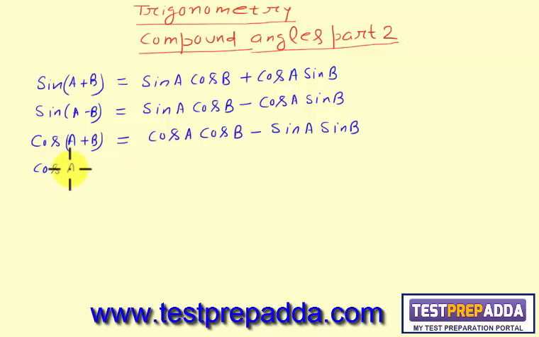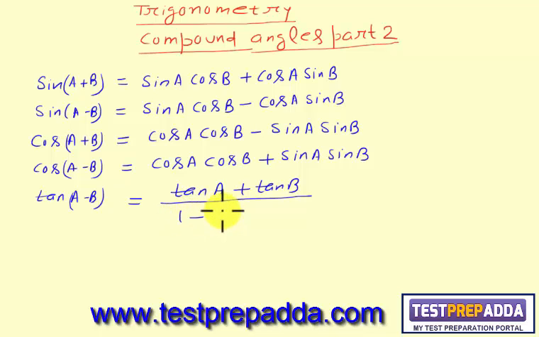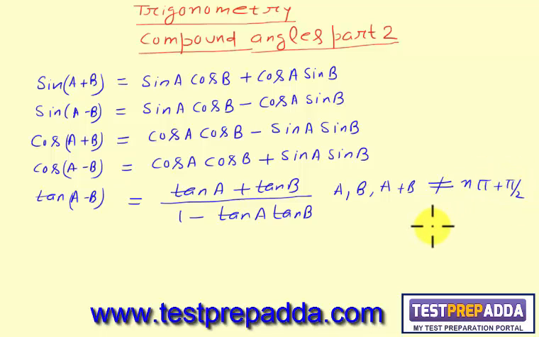We derived cos A minus B as cos A cos B plus sin A sin B. We derived tan A plus B as tan A plus tan B upon 1 minus tan A tan B, provided angles A, B and A plus B are not equal to n pi plus pi by 2, where n belongs to integers.